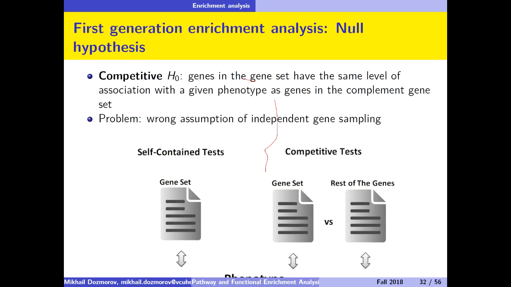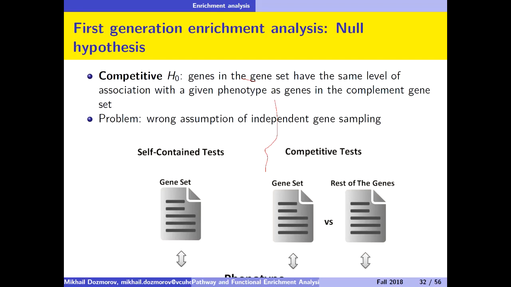Competitive test is this part of the figure, the right part. And what we care about here, we care about our gene set, and we care about the rest of the genes. So when you look at your gene set, again, think about hypoxia pathway with 100 genes. And you identify 50 genes that are differentially expressed. So you really don't know whether it's significant or not.